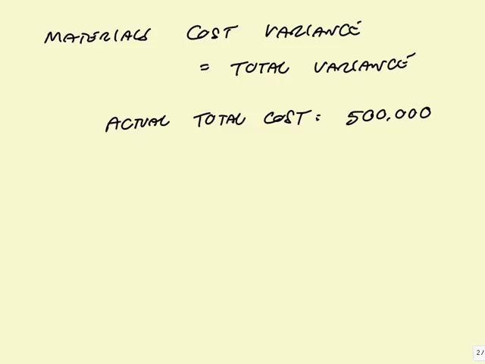Does everyone agree? However, of course, some of that was left in inventory. Do you agree? So we didn't actually spend 500,000 on what we produced. And so let's take off what's left in inventory.